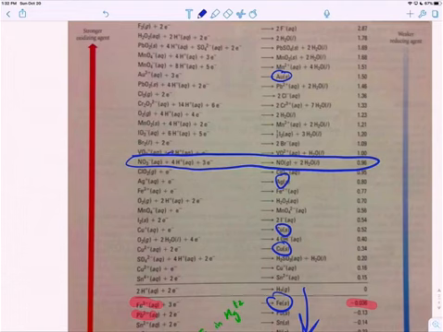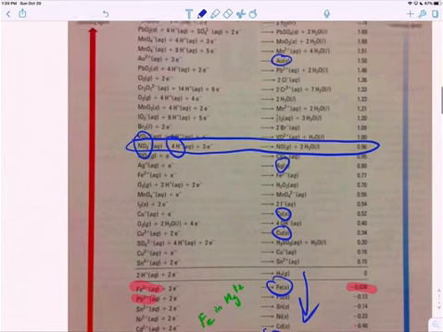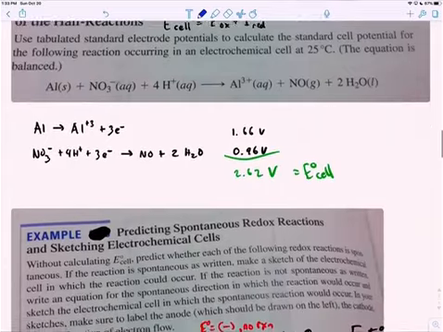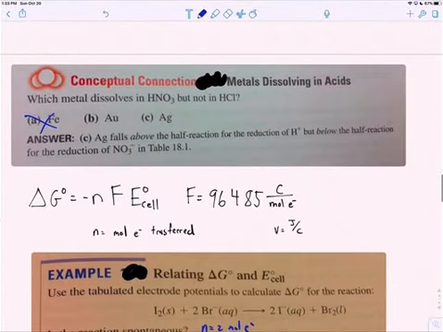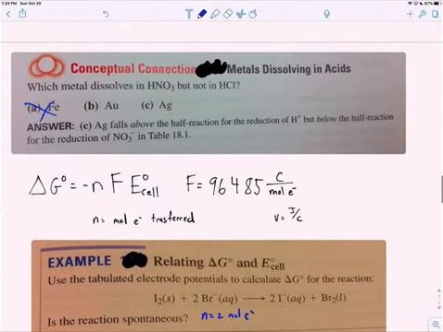Because of that, silver and copper will dissolve in nitric acid, but not in other acids. Gold will not dissolve in nitric acid. So silver and also copper are the two choices there.